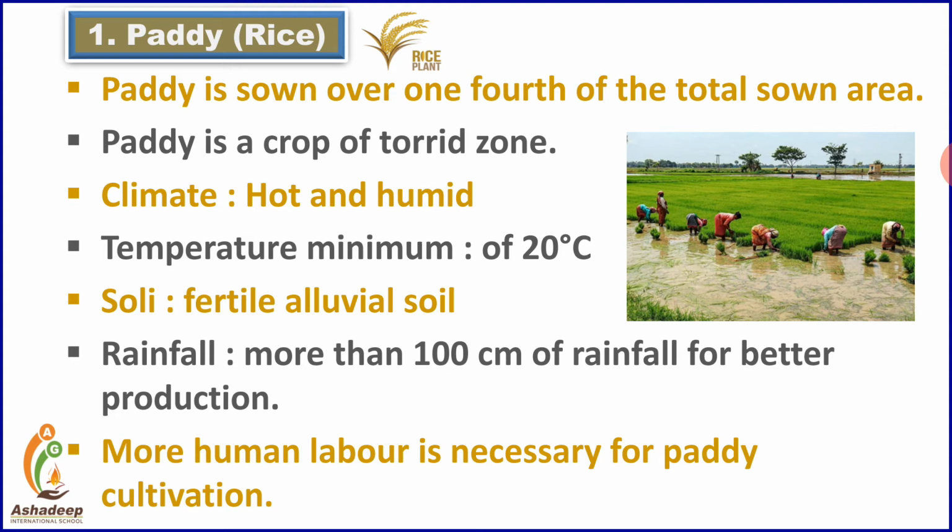More human labor is required for paddy cultivation. At the same time, we know that India has a good amount of population. So instead of using machines, if labor is used, it will be helpful to provide good job opportunities. And in the growth of paddy cultivation, we need more labor, as given in an image.